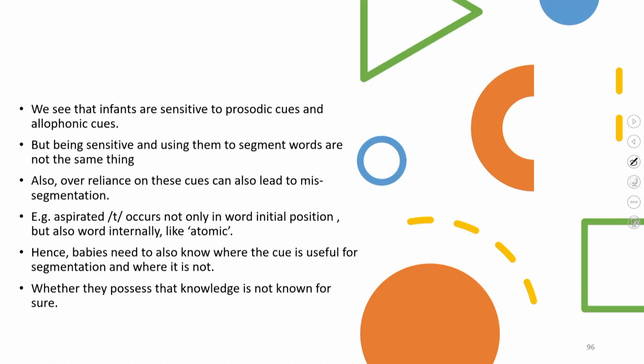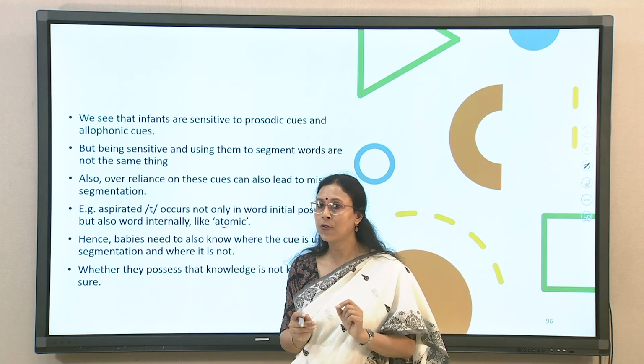For example, aspirated "t" occurs not only in the word-initial position, but also word-internally, like in "atomic." Here the sound is not at the beginning, however even here the "t" sound will be aspirated. So these are cases where the rule does not work.